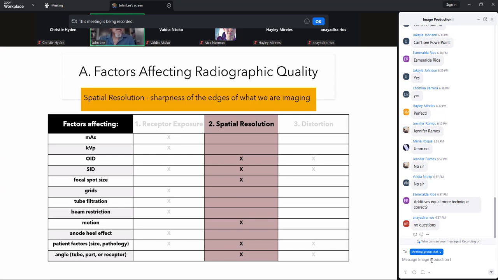No, who was that? It said no, Miss Roque. Sorry. Additive equals more technique. Yes, additive pathologies will require more technique.